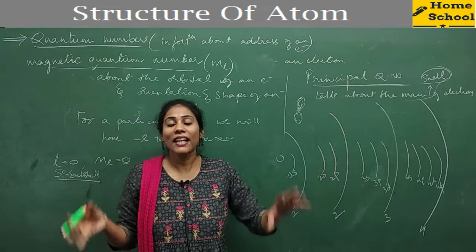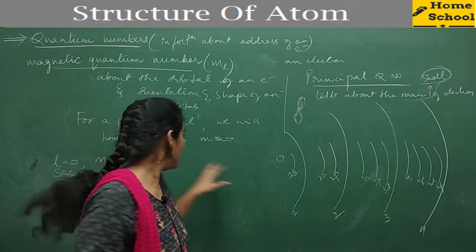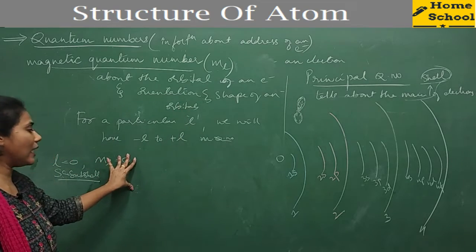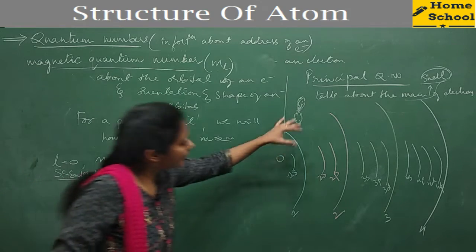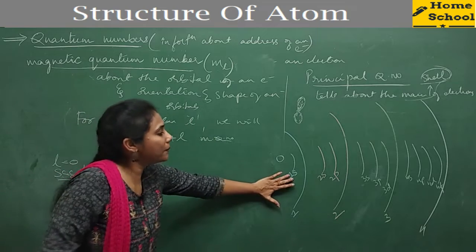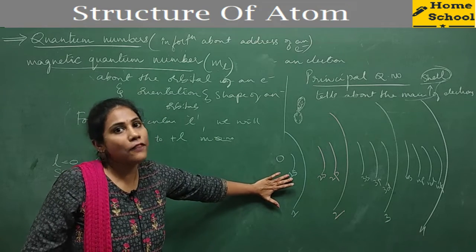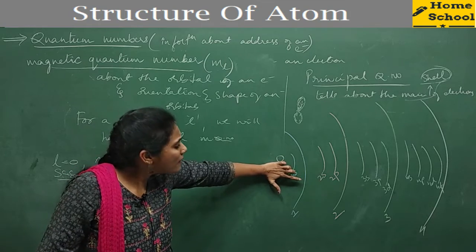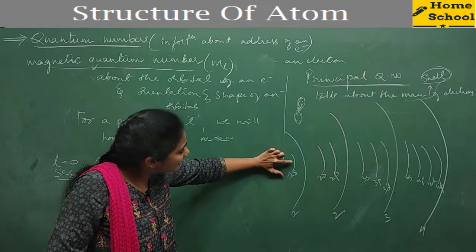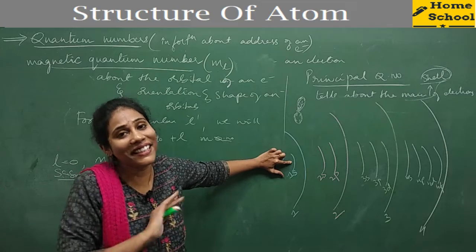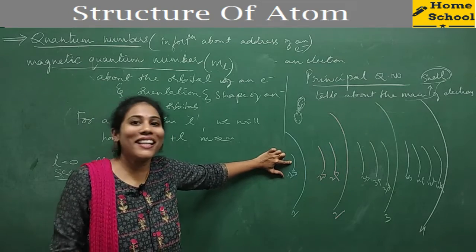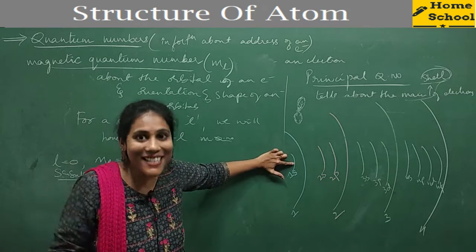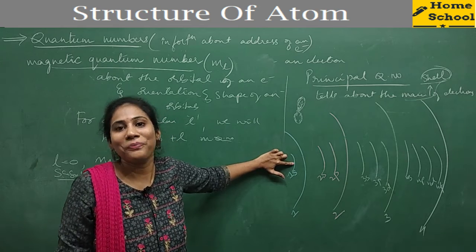It will have only one orbital. See, this is the smallest district of the smallest state, where the district does not have any towns and streets. So the electron stays in a district itself, right?